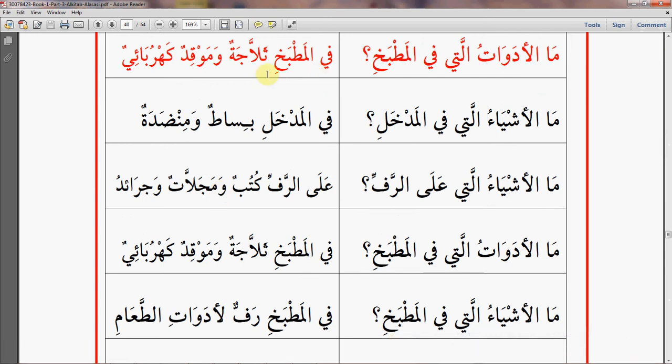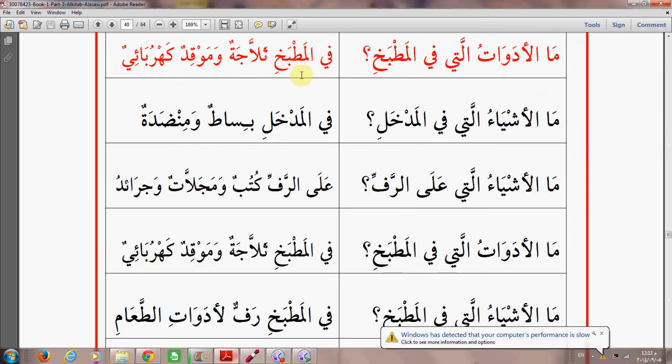في المطبخ ثلاجة وموقد كهربائي. Is that similar to في المطبخ ثلاجة وموقد كهربائي? Yes, they are identical actually. Okay, so both are correct. In the kitchen there is a fridge and an electric oven.